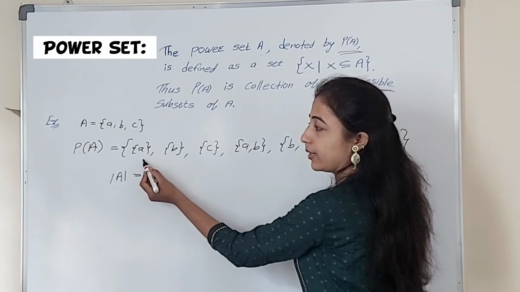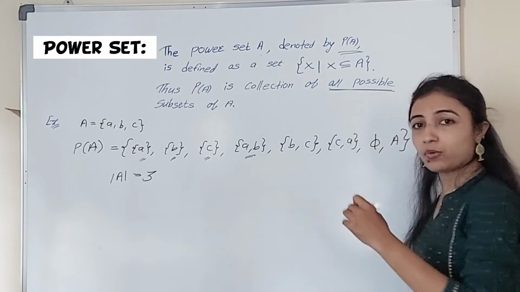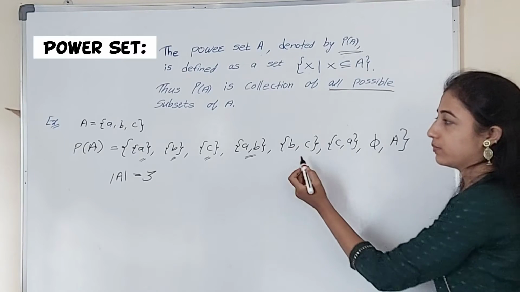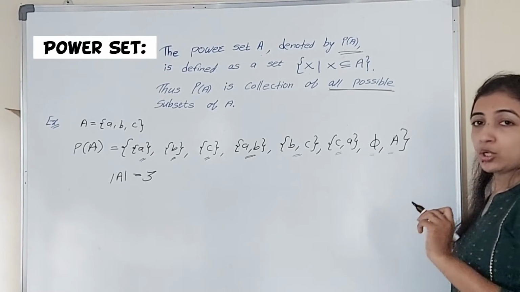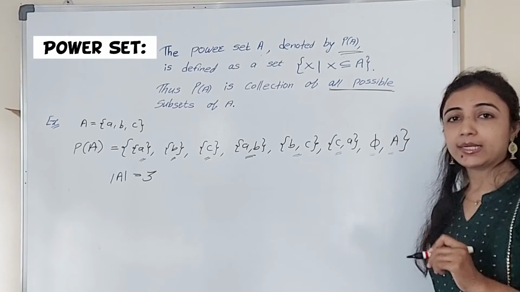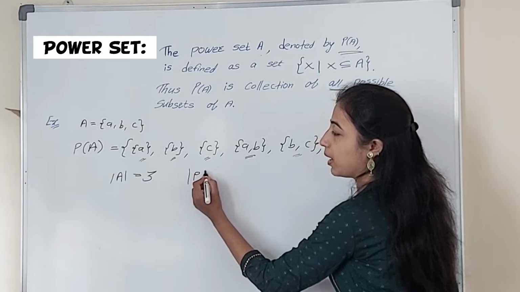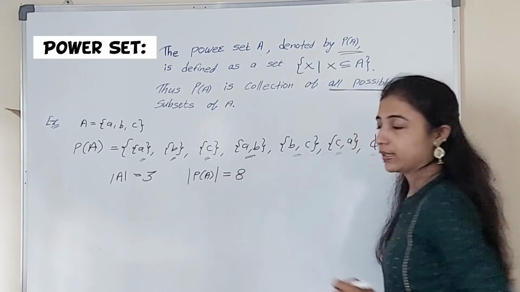So this is the 1, 2, 3 and this is the fourth. क्योंकि ये क्या है एक set है. This is the element for power set. 4, 5, 6, 7 and 8. So total number of elements contained in a power set is 8. So here cardinality of power set of A is equal to 8.